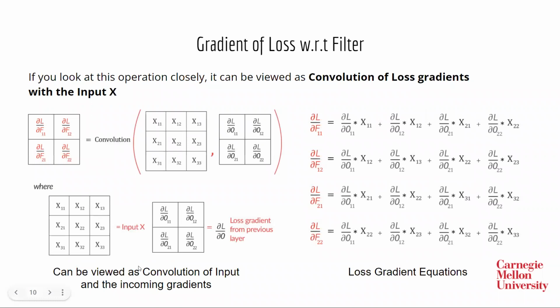If you convolve these 2 things, you get the gradient of loss with respect to the filter. So the gradient with respect to the filter is a convolution operation between your input map and the loss gradients that you get from the next layer.